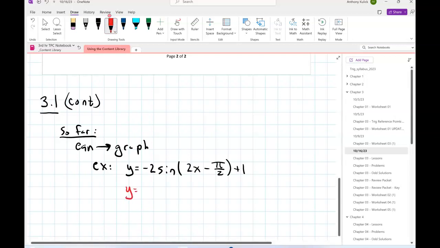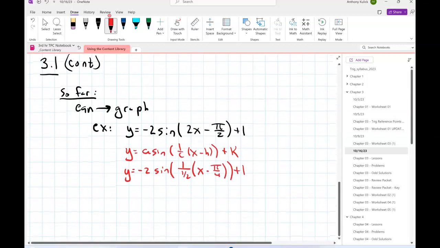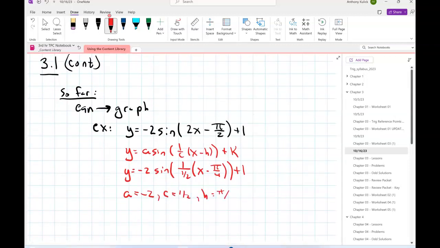To do this, we wanted to write it in this general form for any transformation. Once we do that, we get our values for A, C, H, and K. We can write our transformation.